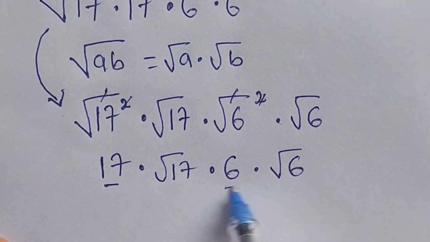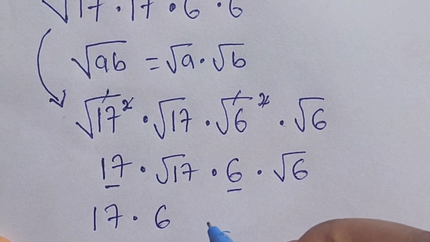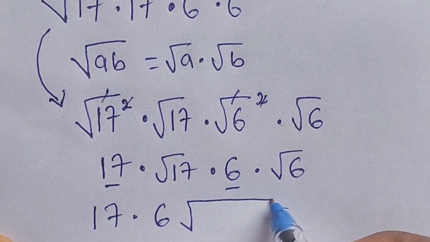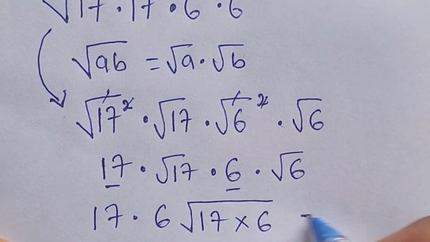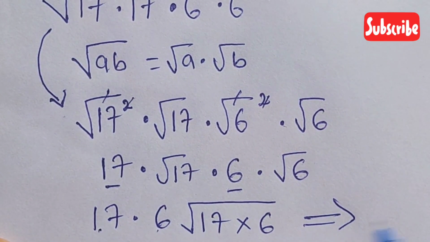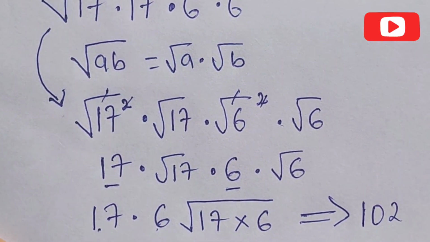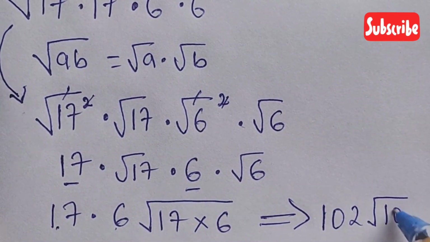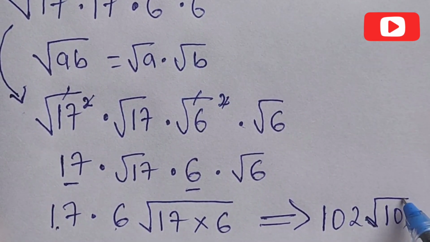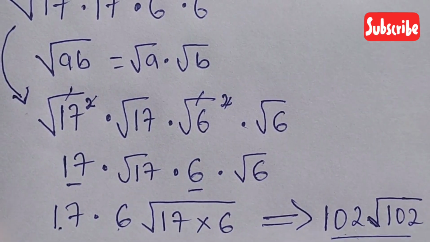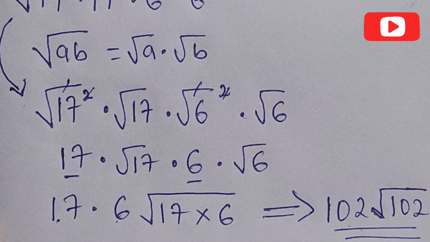So multiplying these two together, we have 17 times 6 root, we have 17 times 6. So this will give us 17 times 6 is 102. So we have 102 root 102. So our final answer is 102 root 102.